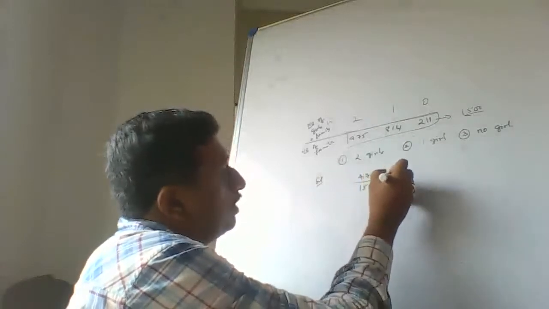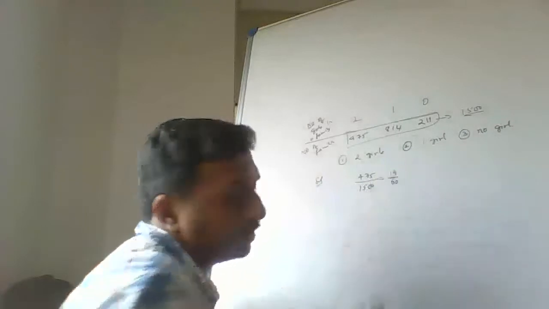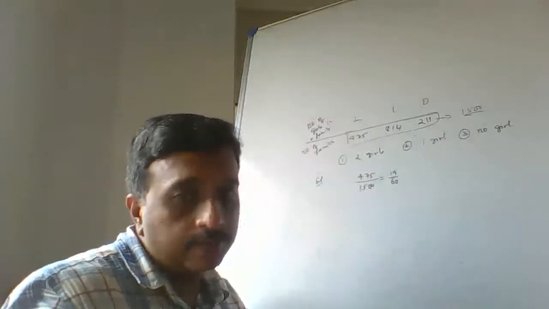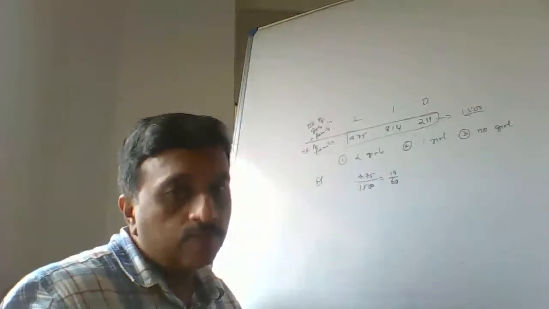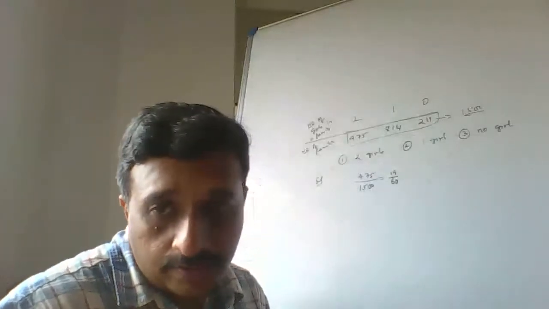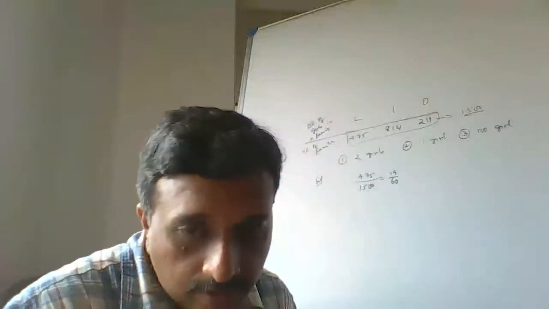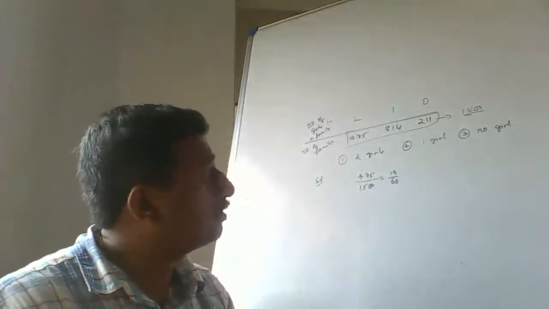So m by n, when you calculate it, you get 19 by 60. Any queries on the first one? No, right. So I have answered the first one.